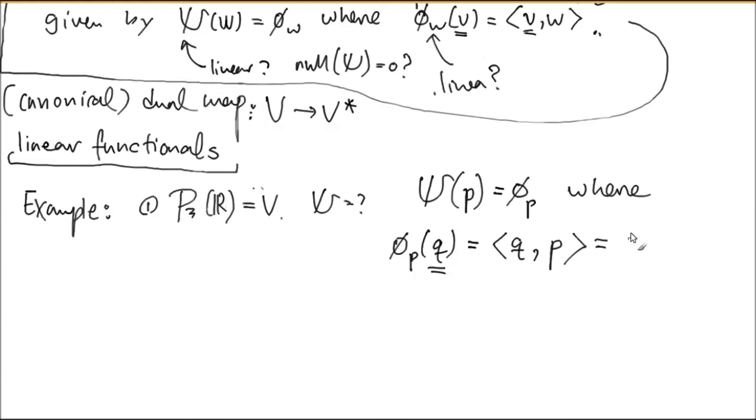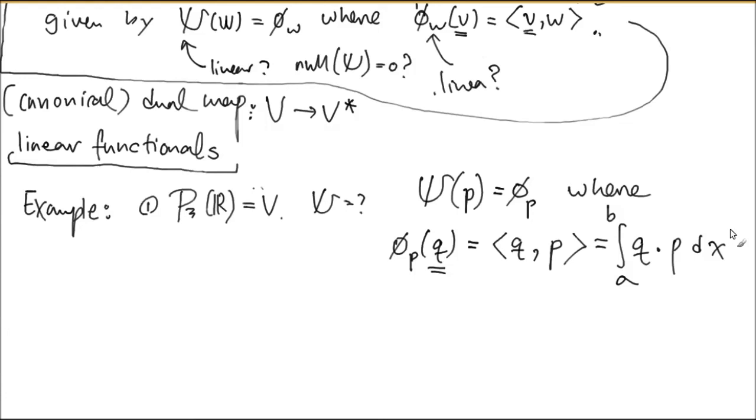For polynomials? The integral from where to where is not given, right? So it has to be given if it's an inner product space. Let's say that was A to B, whatever. Then what? Q times P conjugate usually, but here it's the real world, so conjugate is not necessary. That was a Hermitian inner product, but here it's not. So whatever polynomial you have over the real numbers, you multiply, integrate over A to B, and that's the map in here. There's no choice of bases. It's a nice one in here.